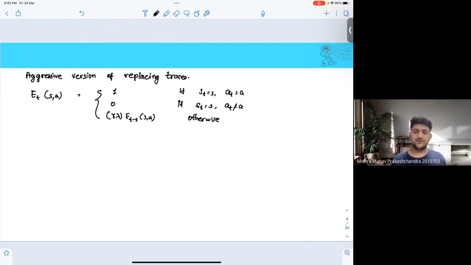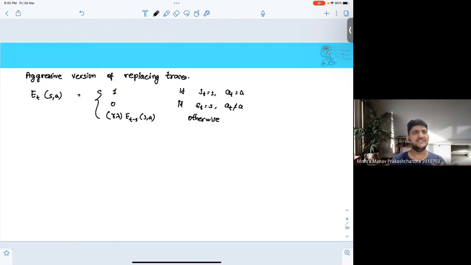Now, if I want to look at the control aspect for eligibility traces, for TD methods there are two popular control algorithms. One is SARSA, and the other is Q-learning, both of which we had seen in the last lecture. We had also done two or three tutorial example codes to understand the difference between the update rules for SARSA and Q-learning.